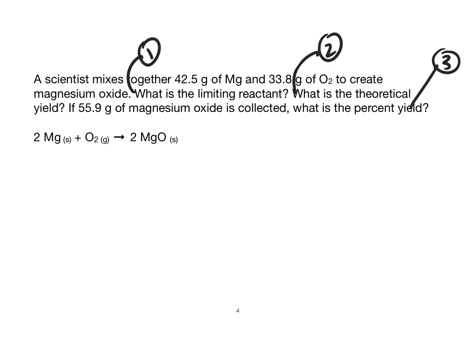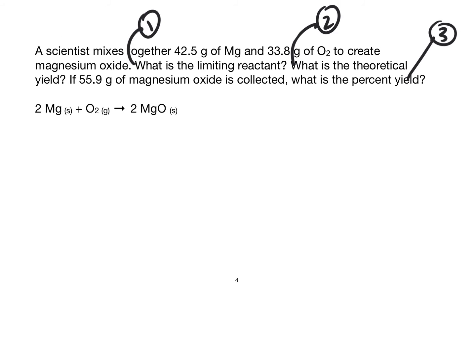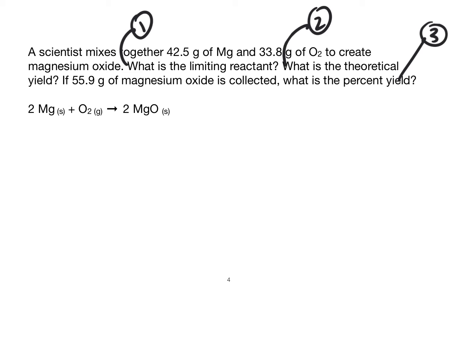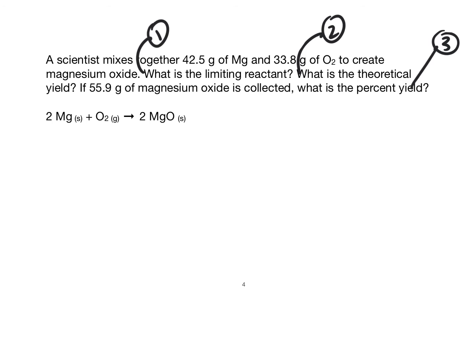So let's start with identifying the limiting reactant. So I'm going to move this up a little bit. The way that we're going to think about this is to go from reactant to reactant. So we are going to convert magnesium to oxygen to ask how much we need, or oxygen to magnesium. So we're going to take our 42.5 grams of magnesium.